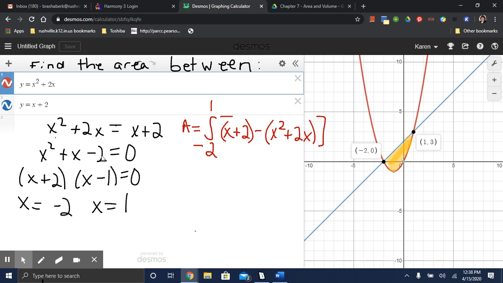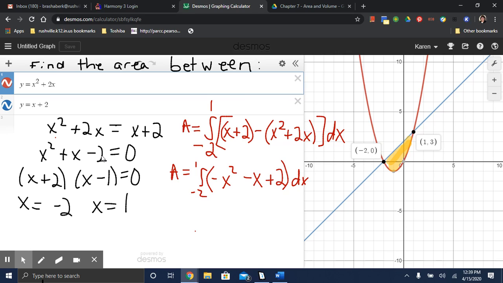And then before integrating, probably would want to combine like terms. So the integral from -2 to 1, we would have negative x to the second, and then minus x, if we distribute our subtraction sign, and plus 2 dx.